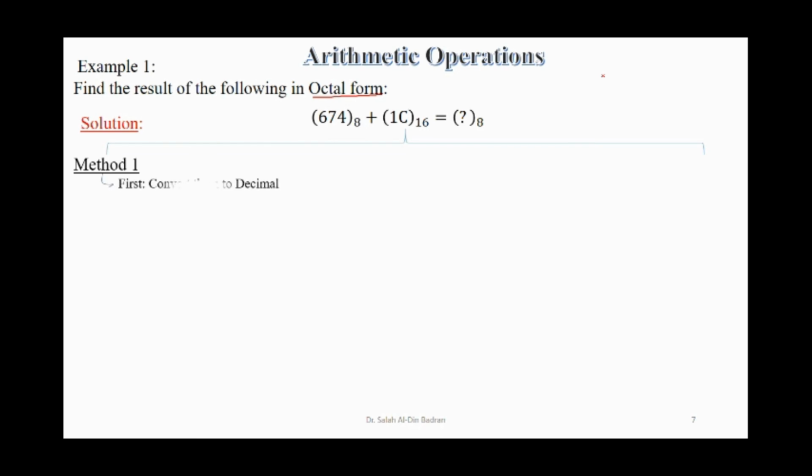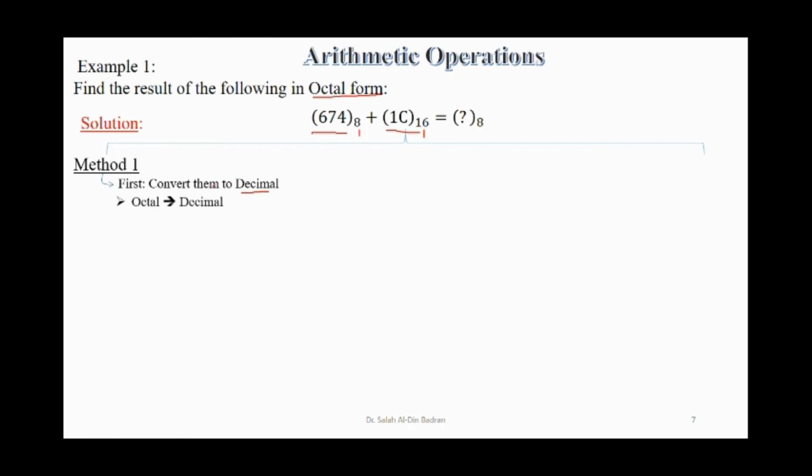Method one, the first step is to convert each of them into a decimal number. See, this is octal, this is hexadecimal. We convert them to another system that is easier to understand and to process in our arithmetic operations.